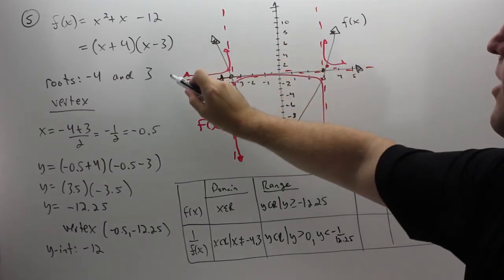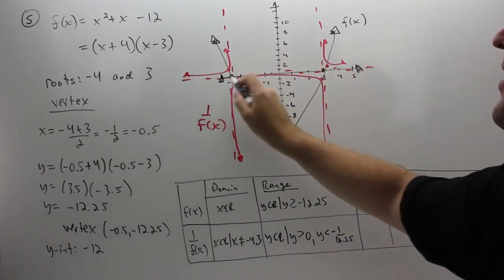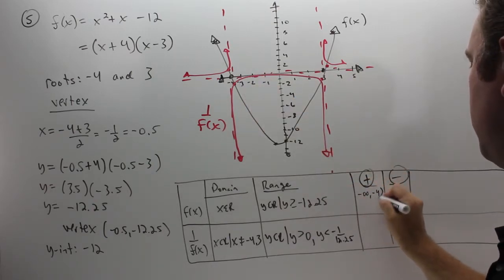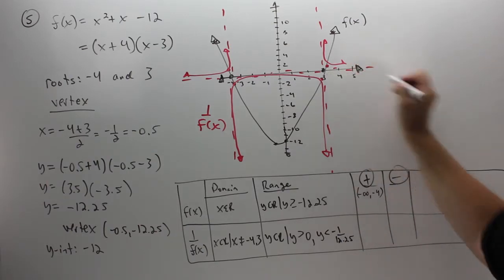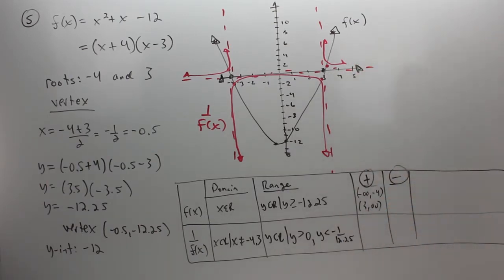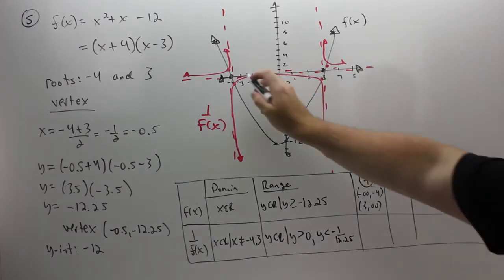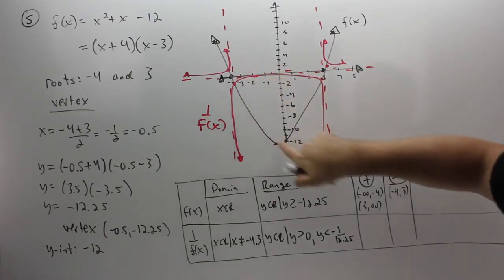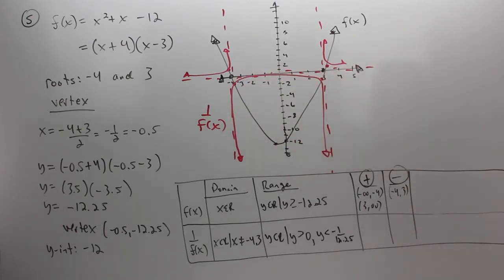It's positive from negative infinity to -4. And then it's positive again from 3 to infinity. It's negative from the two roots, -4 to 3. Right? The original function is below the x-axis from -4 to 3.